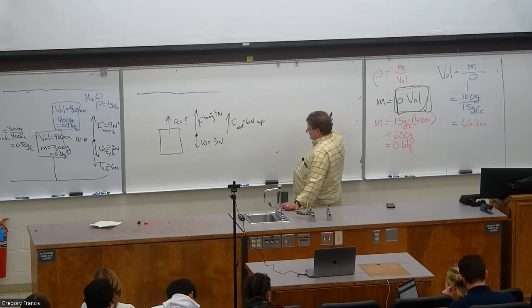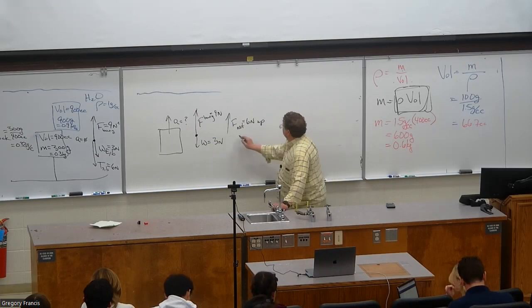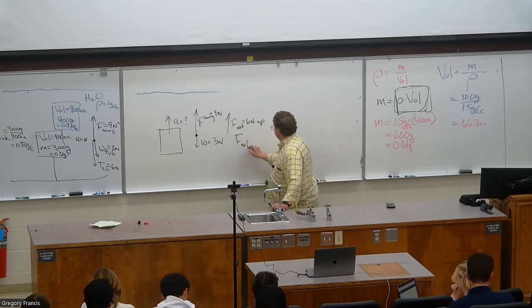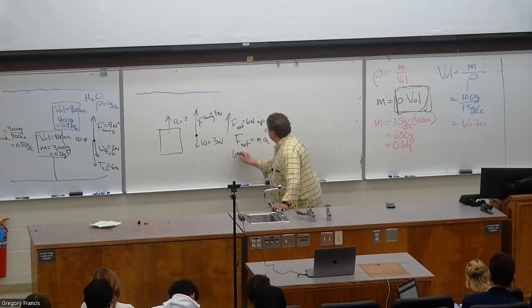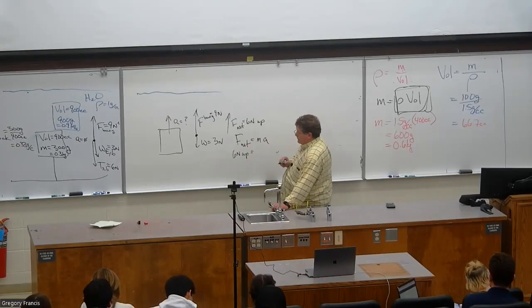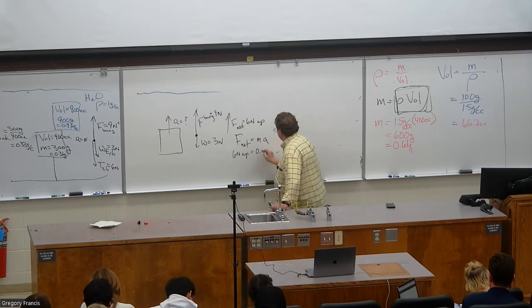Well, let's use F net equals ma. I have 6 newtons up, and the mass of that is going to be 0.9 kilograms.